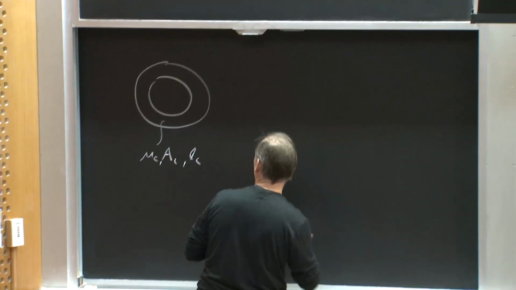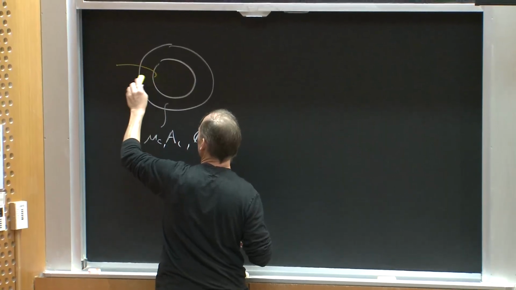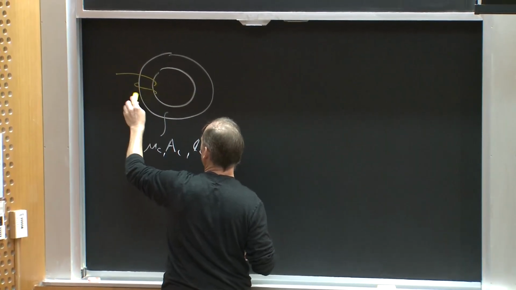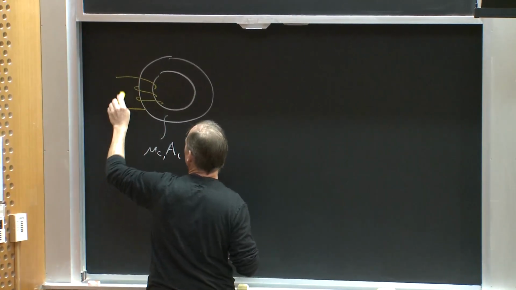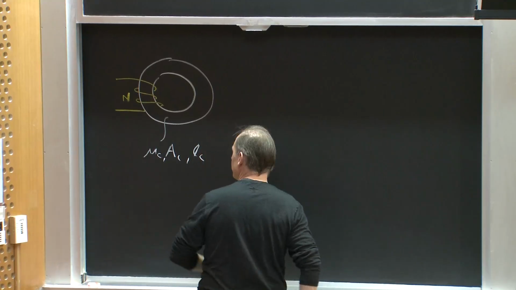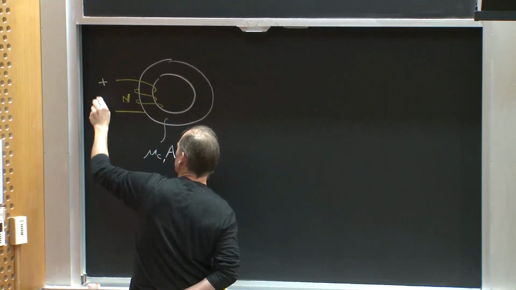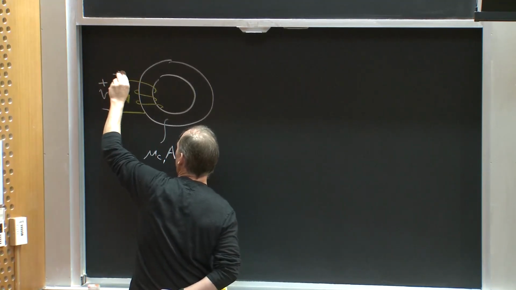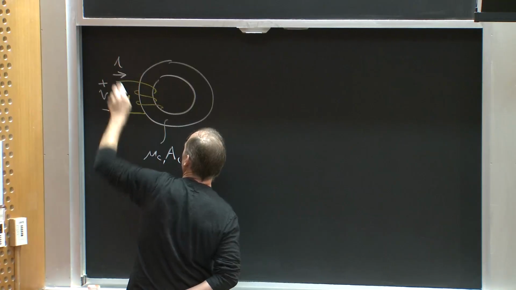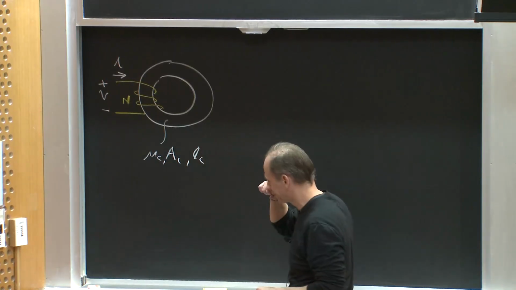And then we put some windings on it, maybe N turns of winding. And we have some voltage, V, and current I, defined with the associated variables convention.